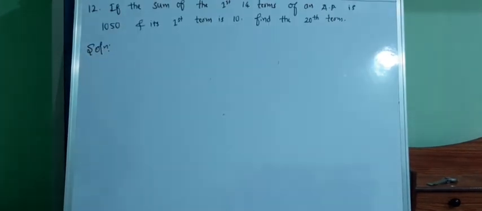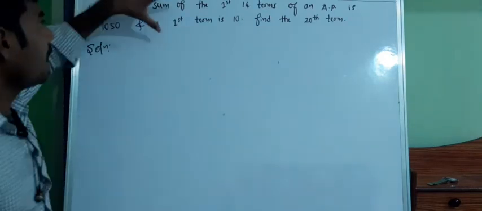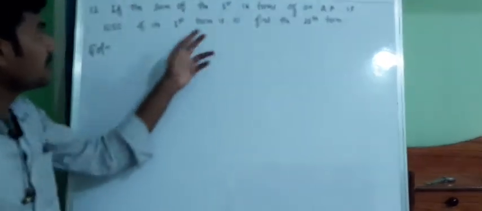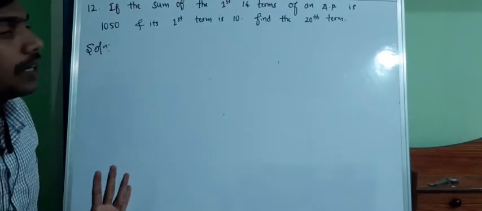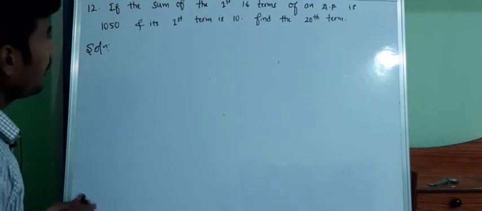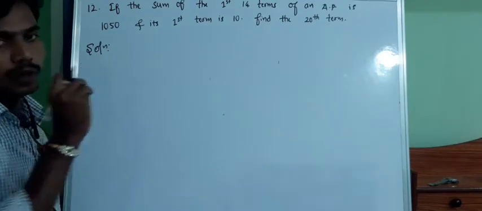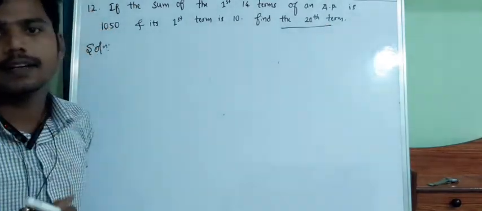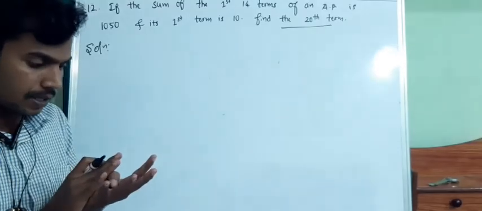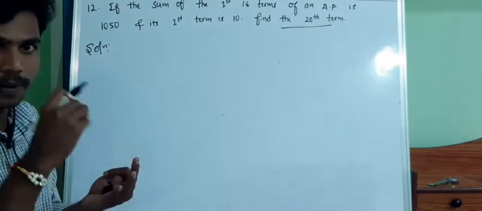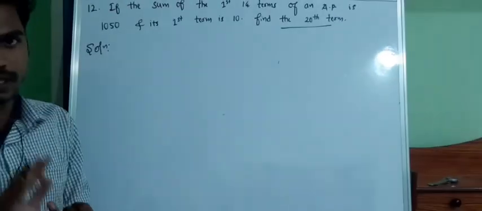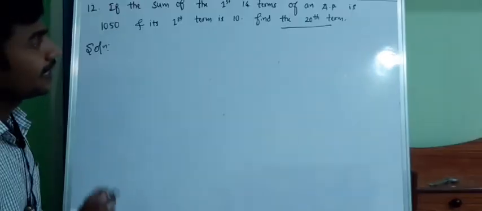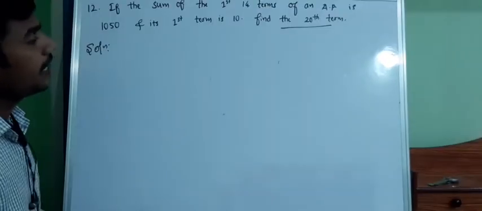Okay, so the 12th example. If the sum of the first 14 terms of an AP is 1050 and its first term is 10, find the 20th term. To find the 20th term, what data do I require? I require the first term, n, the number of terms involved, and the common difference. If I know this, I can write A20 as A plus 19D.